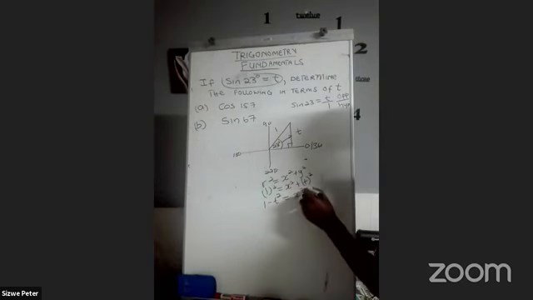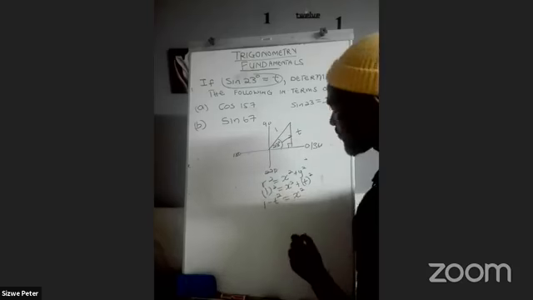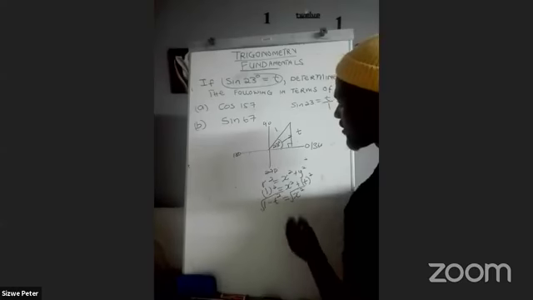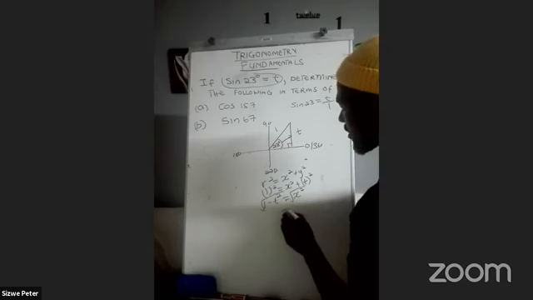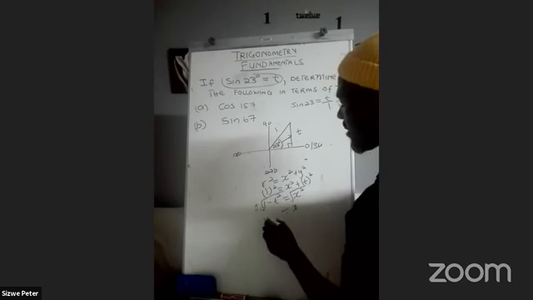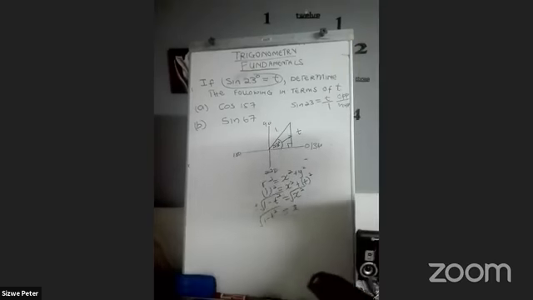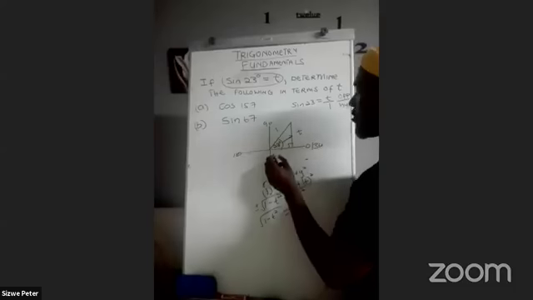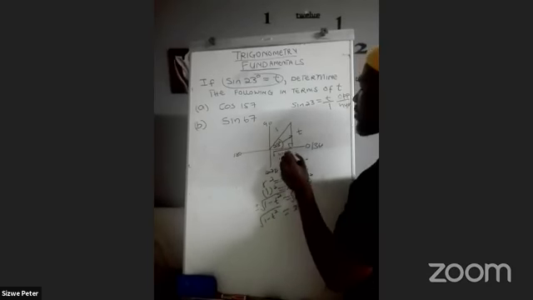This is x squared. Take the square root on both sides, so x is equal to plus or minus the square root of 1 minus t squared. Must I take the positive or negative x? Positive x, because it's in the first quadrant. So this is the square root of 1 minus t squared.